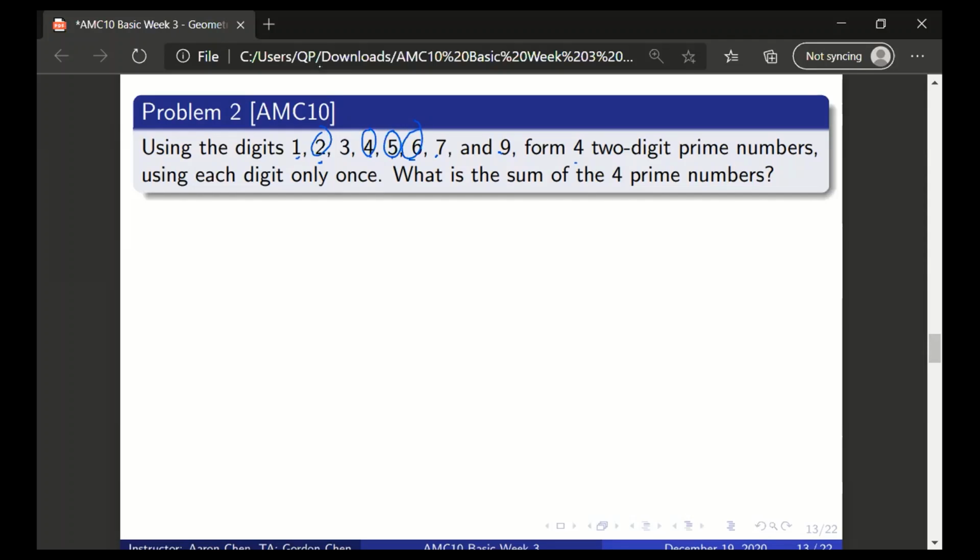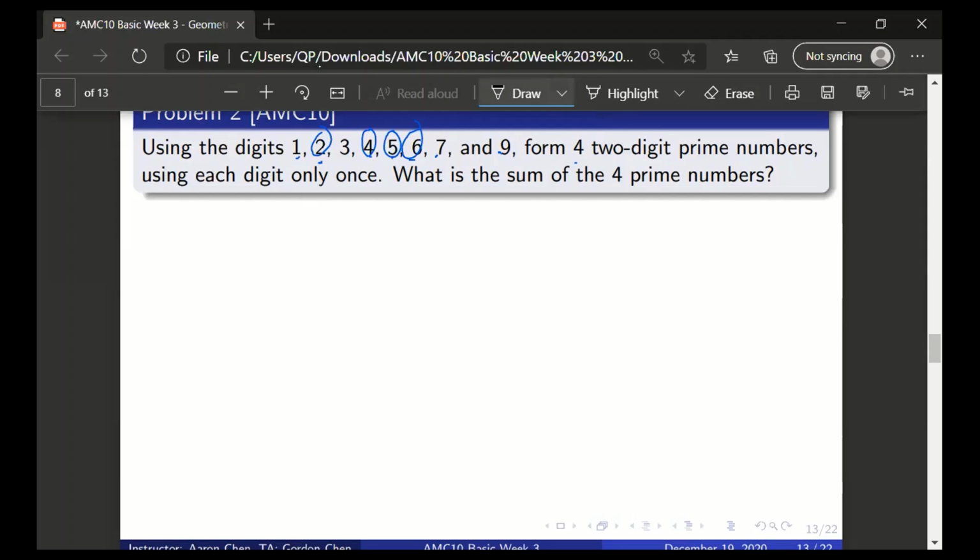So these four numbers must actually be the tens digits. There are only four two-digit prime numbers that we're forming, which means 1, 3, 7, and 9 are the units digits.